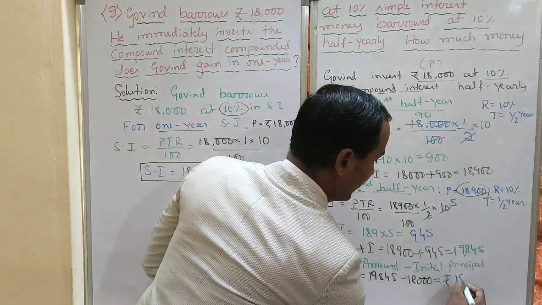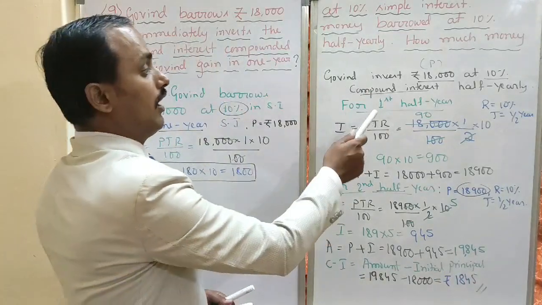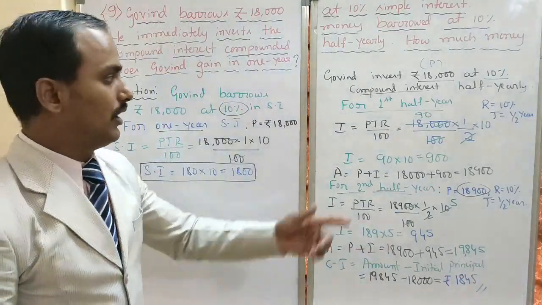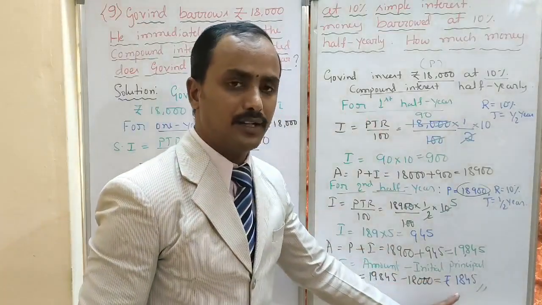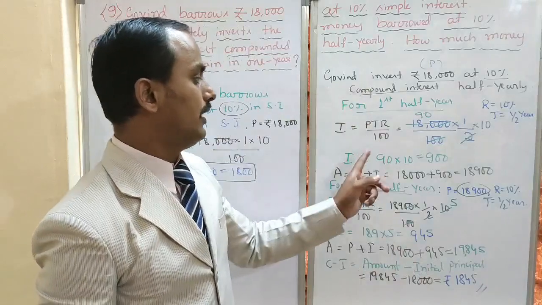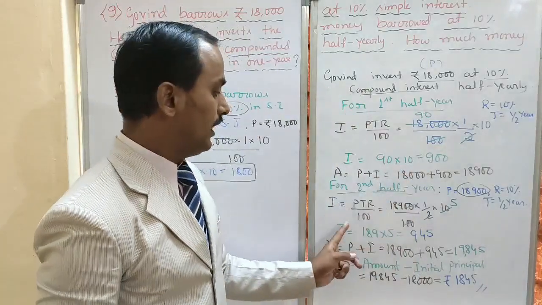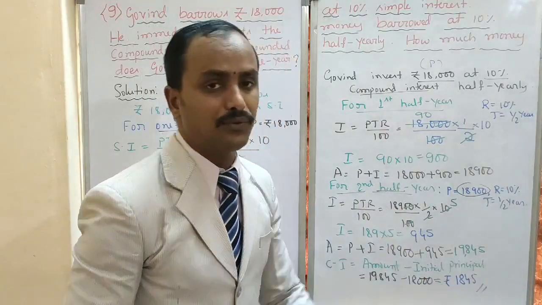We got 1,845 rupees as compound interest for two half years, first half year, second half year. In these 2 half years, compound interest how much collected? Otherwise, first half year interest is 900, second half year interest is 945. These two addition became 1,845.